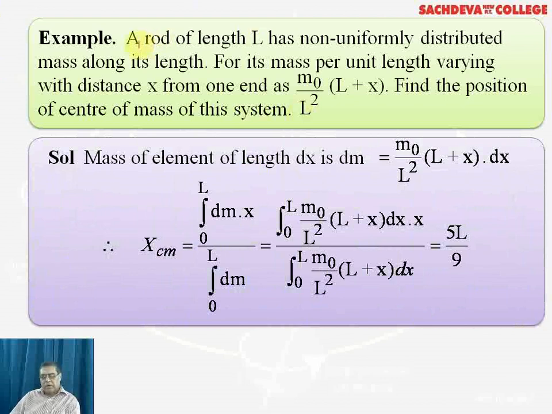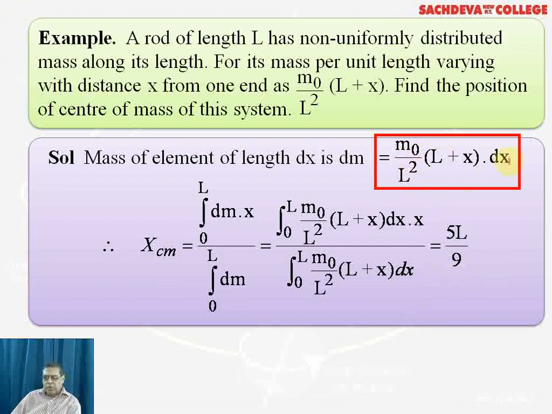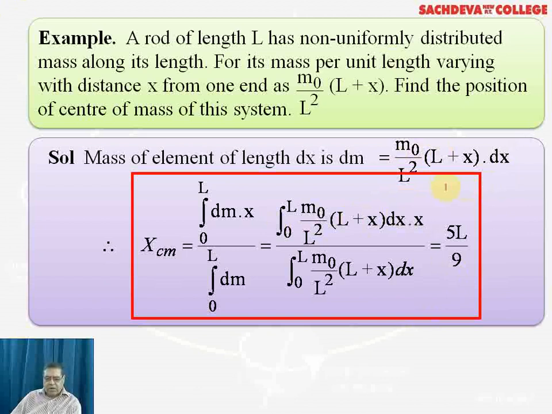Now, first of all, the mass of the element of length dx, where dx is a small length of the whole length L, is dm. dx is the small length and its mass is a small mass, that is dm. The mass of the element is given by m naught over L squared into (L plus x) into dx. Now we take the center of mass of x.